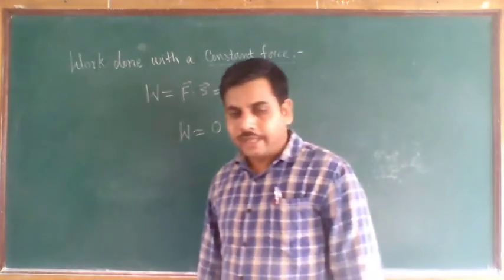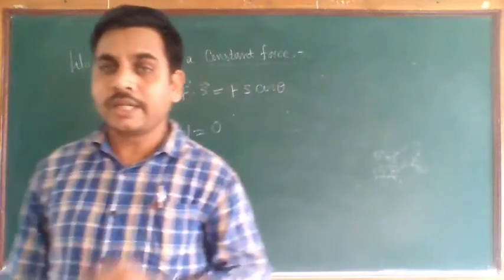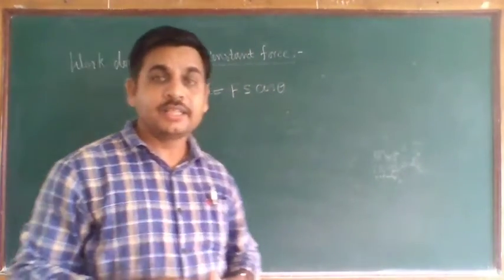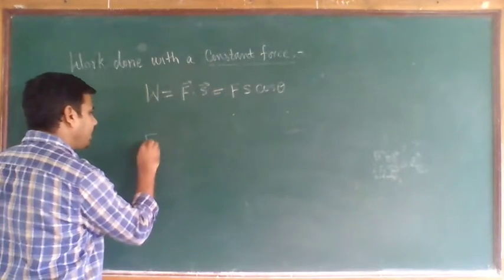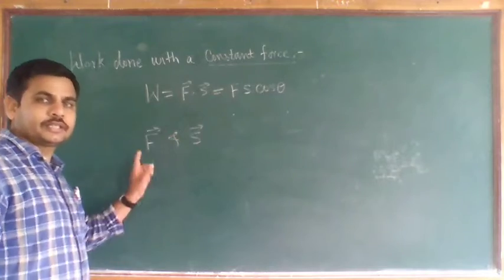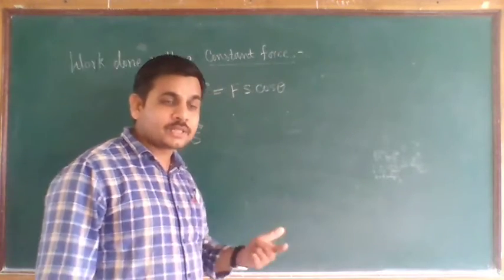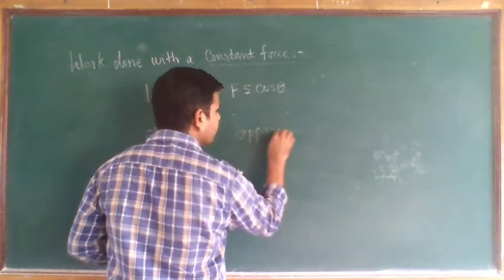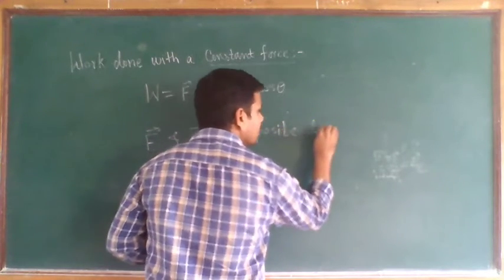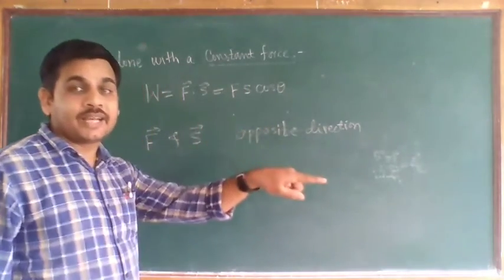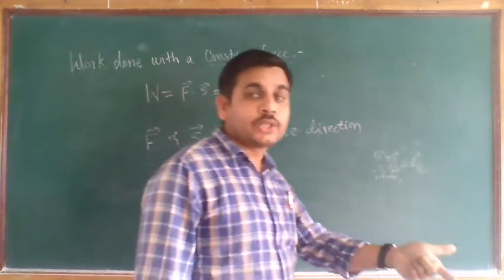Now there is one more condition, the third condition: the applied force and displacement are in the opposite direction. In the first case, both are in the same direction and we get positive work done.